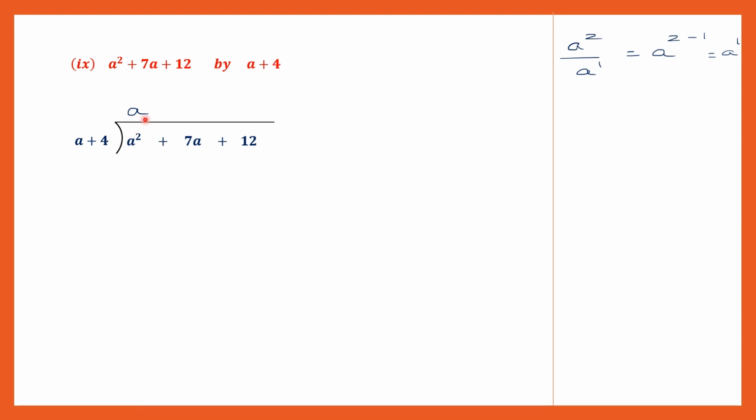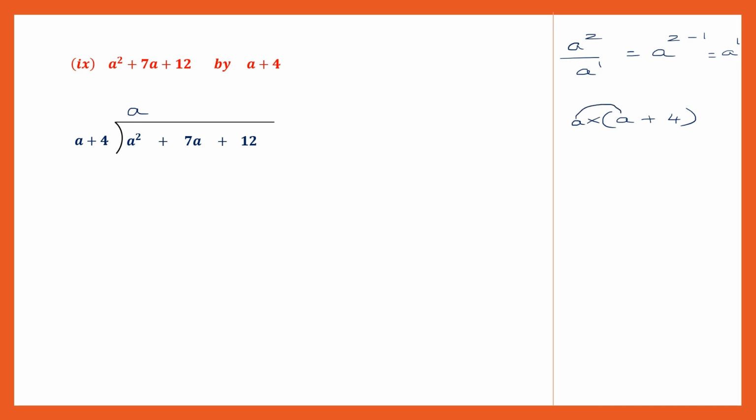So you have to write it down here. What you got here, you're going to write down in your quotient. Now, what you have got in your quotient, you're going to multiply it with the whole divisor. Okay, so we're going to take this and multiply it with this whole divisor. We'll do that multiplication also here. A into a plus 4. So here we are multiplying. Okay, so I hope all of you remember multiplication.